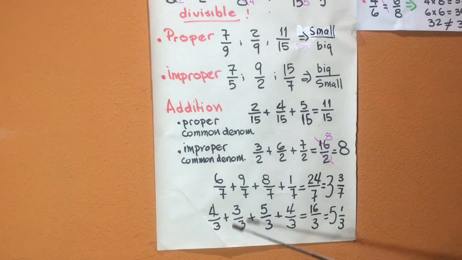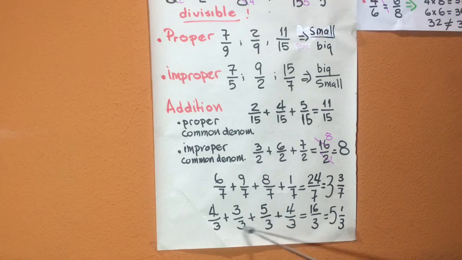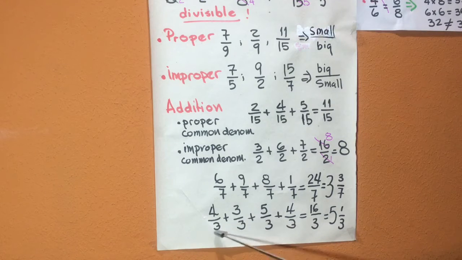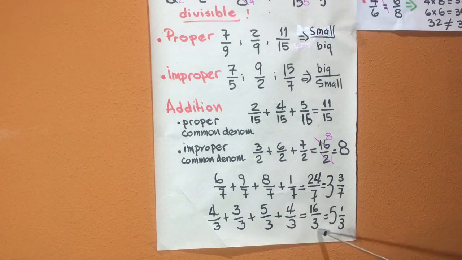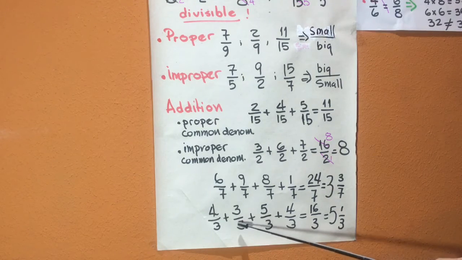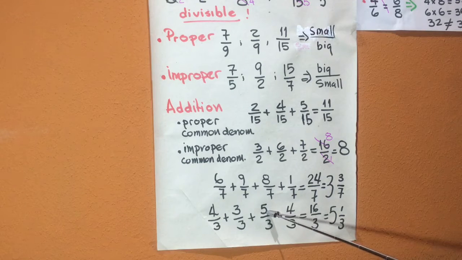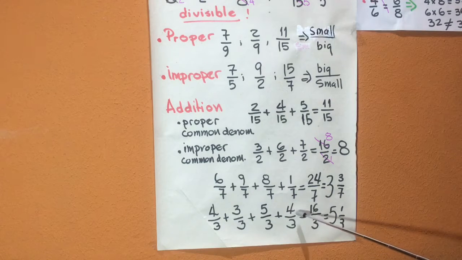Again, we have to see if the denominators are similar, common, alike, and then we write the same denominator and we add the numerators. In this case, 4 plus 3 is 7, 7 plus 5 is 12, 12 plus 4 is 16.